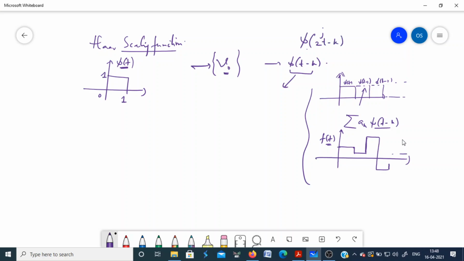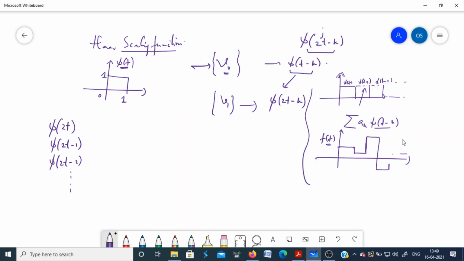If j is 1, the scale is 1, you have phi of 2t minus k, and the span of this is what I am calling v1. Now with phi of 2t minus k, you can have phi of 2t, phi of 2t minus 1, phi of 2t minus 2, and so on.